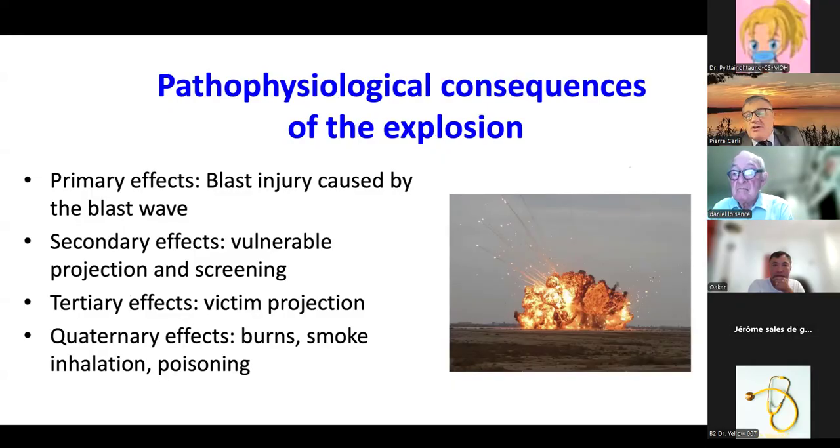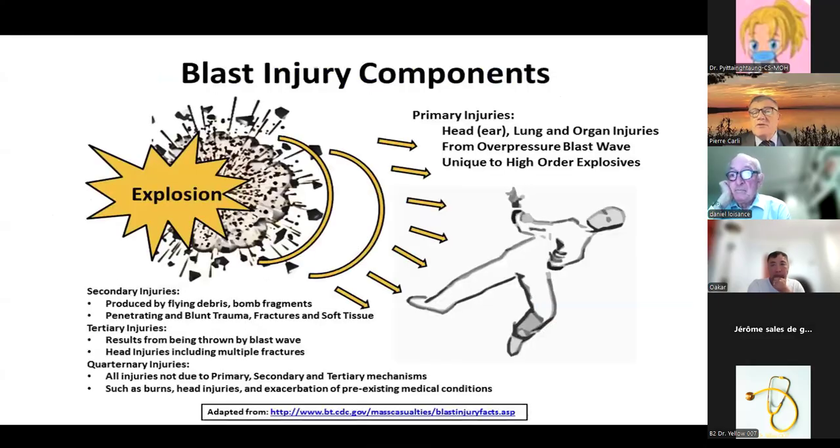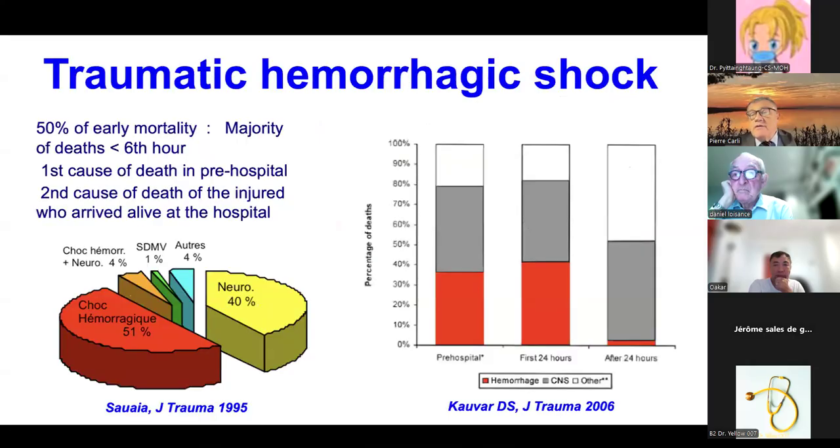The tertiary involves a lot of projectiles, and the effects of smoke, burns, inhalation, poisoning. If this happens in a confined environment, it creates a lot of complex injuries. So the aim of mixing explosion and bullet is to say you have to deal with a complex patient, and even if you know the history of the patient, that does not mean you are able to foresee injuries precisely. There will be a lot of possibilities.